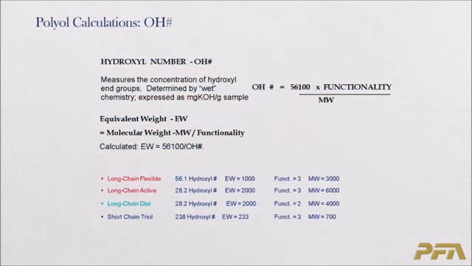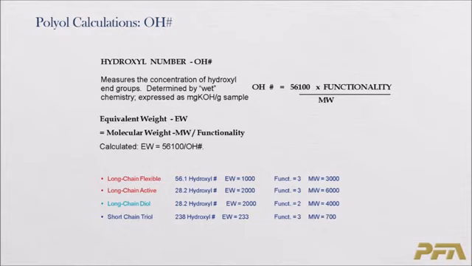So as I said, hydroxyl number is an indication of the amount of OH groups or hydroxyl groups present in the material. It's calculated using this formula here.